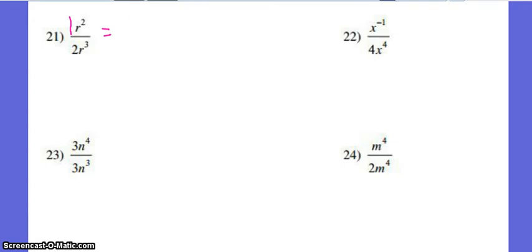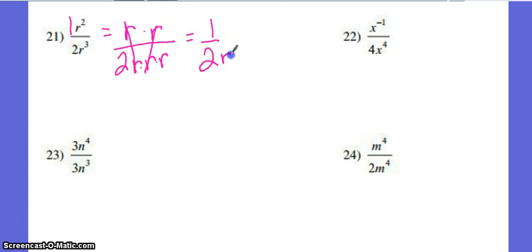Let's just pretend like we didn't know the rules and we did it old school where you just write it all out. What you would actually have is these r's would cancel out, and you would be left with that same answer of 1 over 2r. This right here, because this is negative, you're going to go ahead and flip it on the bottom and make it positive.